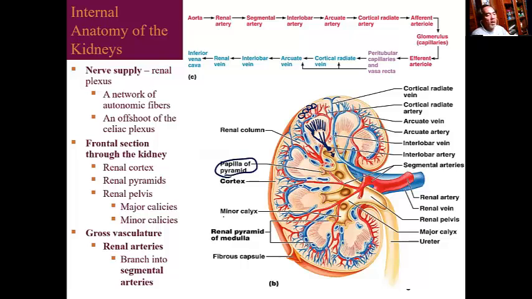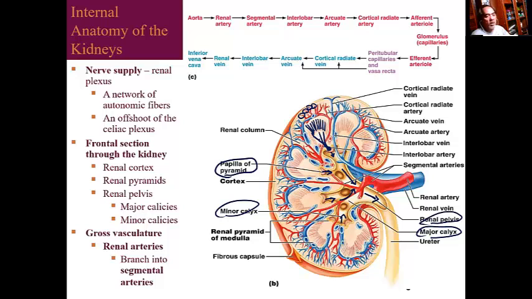calyx called the minor calyx. So all this small opening is called the minor calyx. And then from the minor calyx, it's going to drain into the bigger opening called the major calyx. Okay. So that's going to be called the major calyx. And then after the major calyx, it's going to drain into the renal pelvis.